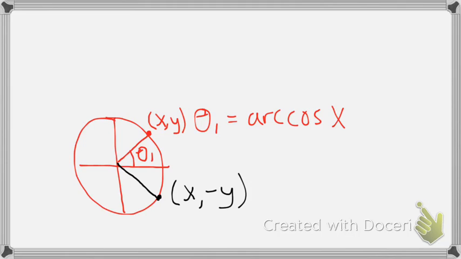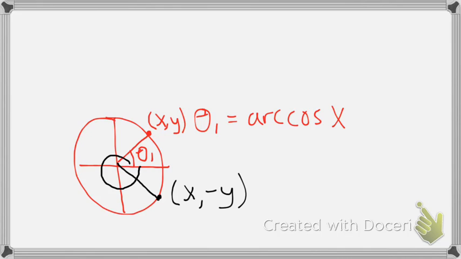Now, how do I arrive at this angle? Well, I can rotate all the way around 2 pi units, and then if I subtract theta 1, I'll have another angle with the same terminal side, and therefore the same value of x. Let me rephrase that one more time.